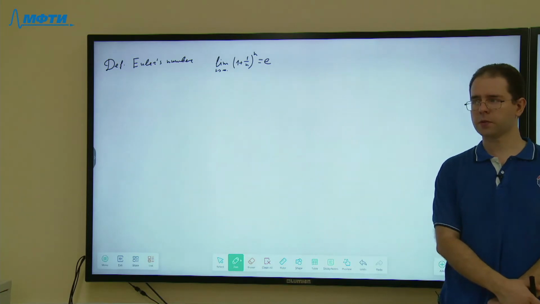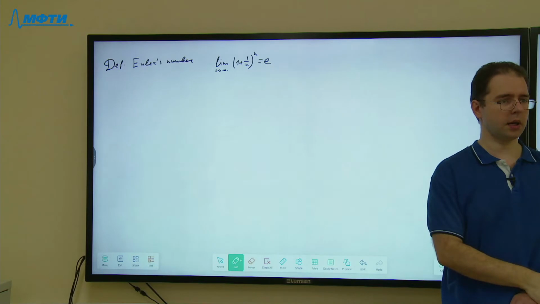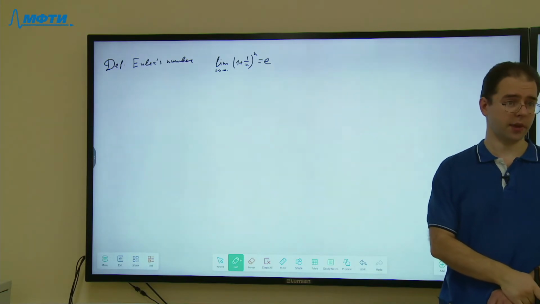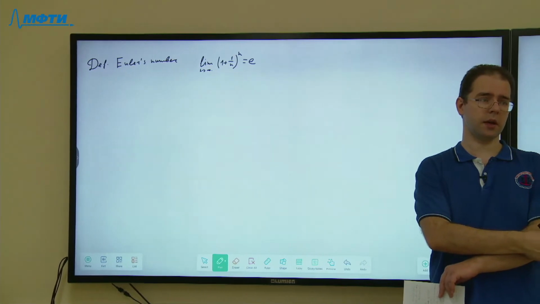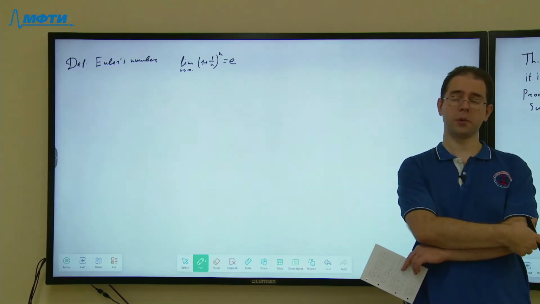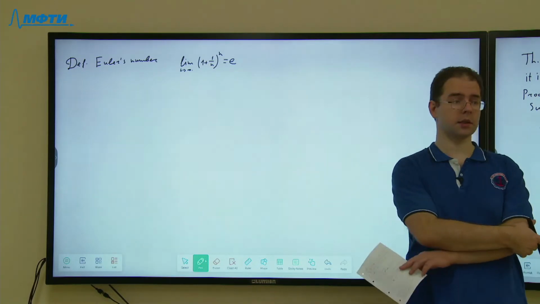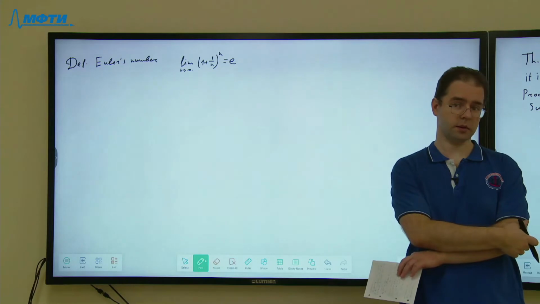We need to prove that this sequence, (1 plus 1 over n) to the power n, is convergent, and to prove it we basically use the Weierstrass theorem by proving that this sequence is bounded above and increasing.